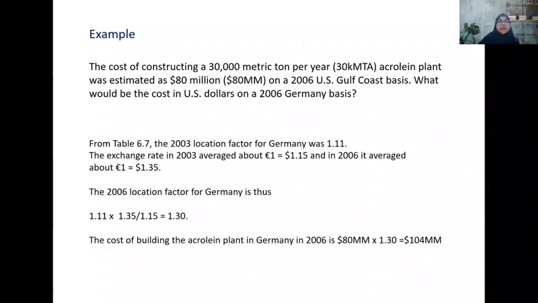Okay, for example, the cost of constructing a 30,000 metric ton per year acrolein plant was estimated at 80 million on a 2006 US Gulf Coast basis. What will be the cost in USD on a Germany basis? So the location is Germany.